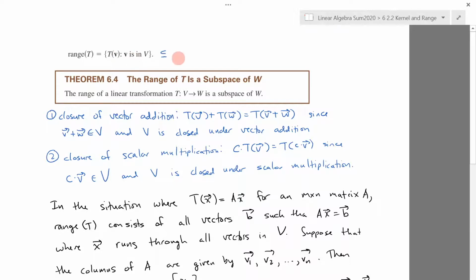This is a subset of the codomain. Similar to the kernel, the range is also a subspace, and the range is a subspace of the codomain. Again, the two closure properties are not hard to see, as it basically follows from how linear transformations behave.